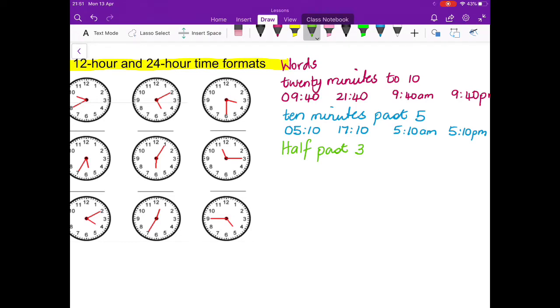So 24-hour clock, in the morning, it would be 03:30. In the afternoon, it would be 15:30.